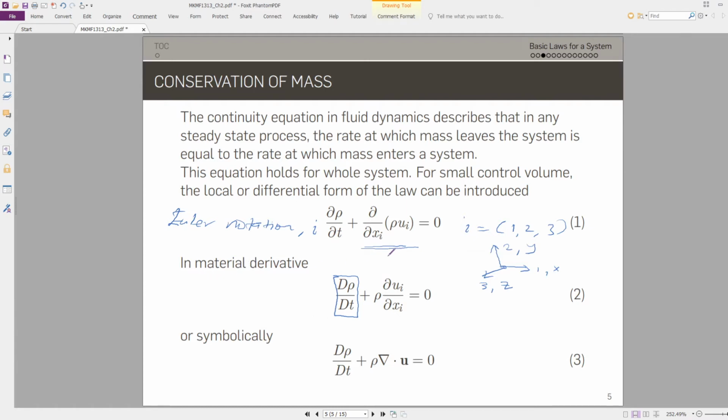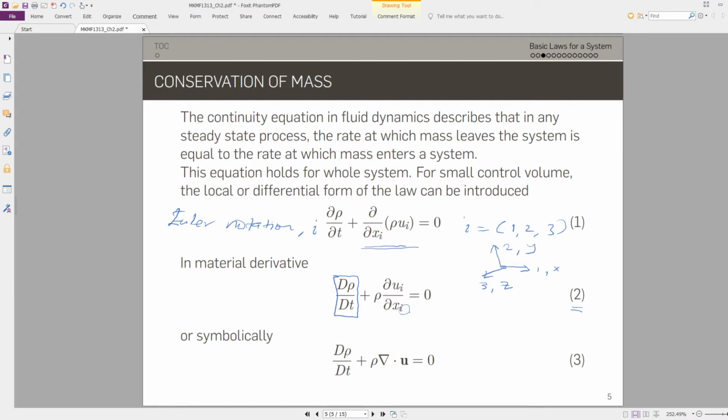So the material derivative is often written as represented in equation number 2. So we have the capital D rho divided by the capital Dt plus rho du_i over dx_i.